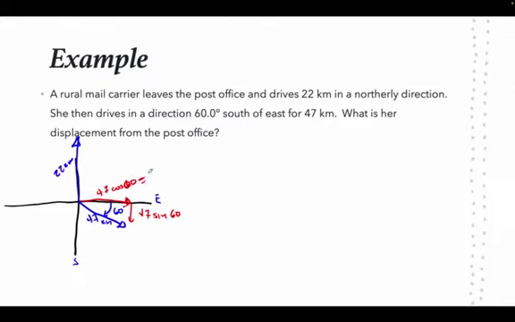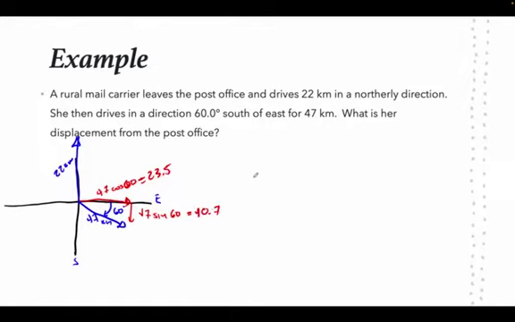So this vector right here is equal to 23.5, and this vector right here is equal to 40.7, and this is equal to 40.7.